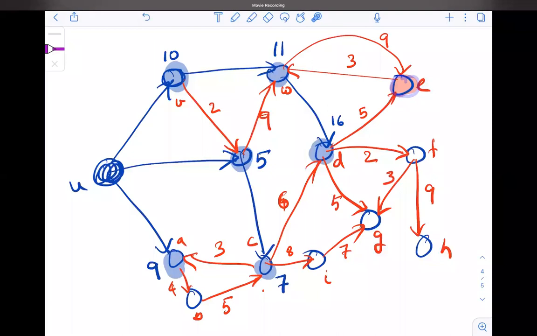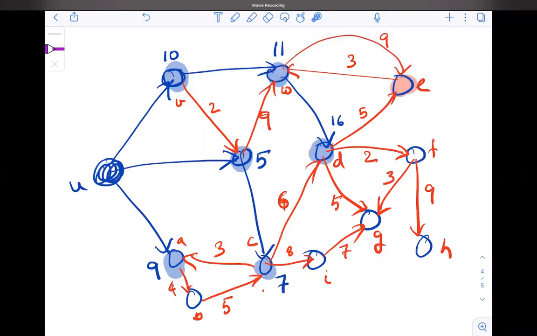I can come to E from W. Then the cost will be to reach W, the shortest path is 11. So to reach E through W, the shortest path will be 9 plus 11, 20.